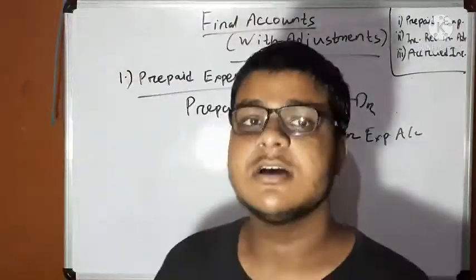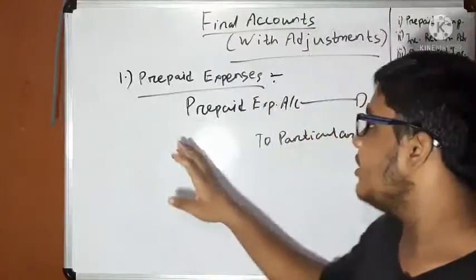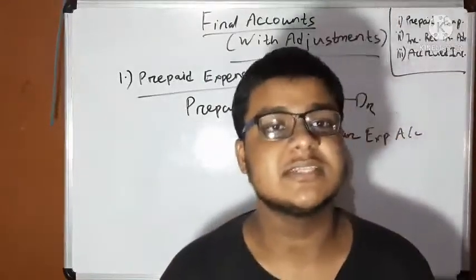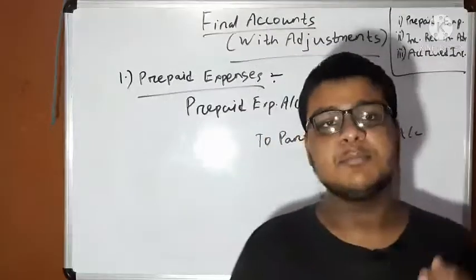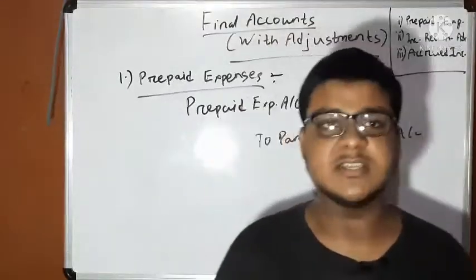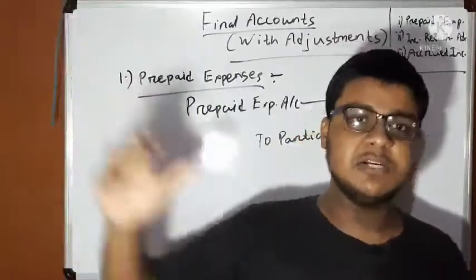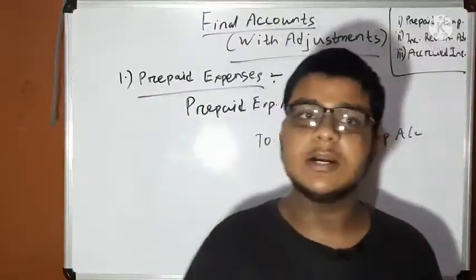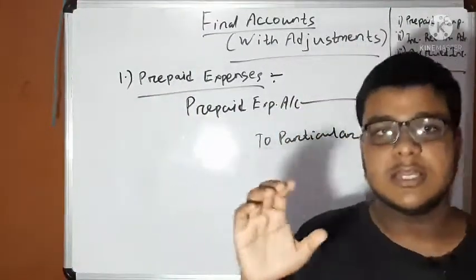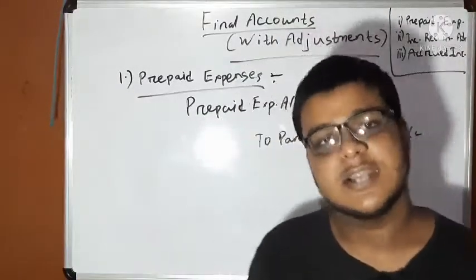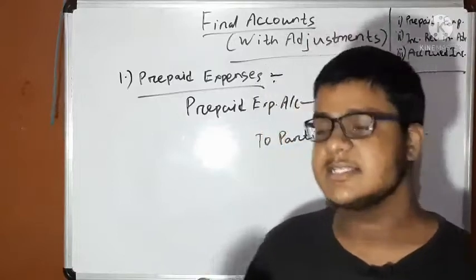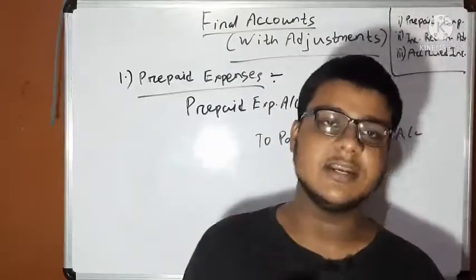Why is it decreased? Because of prepaid expenses. As we know from the meaning, prepaid expenses are expenses related to the next accounting period but paid in the current accounting period. Due to the payment being made in the current accounting period, it is written in the final account of the current accounting period.